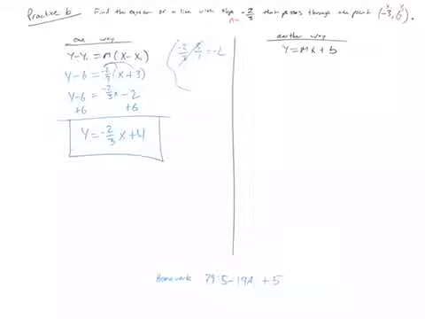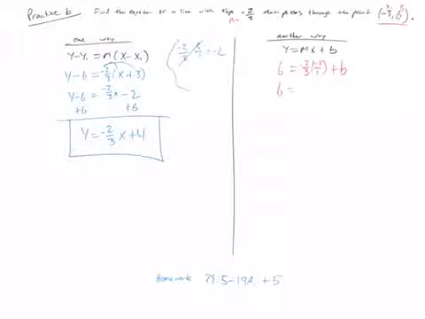So again, I'm going to plug in negative 2/3 for that m. For my x and my y, I'm going to use these points right up here. So it's going to be 6 is equal to negative 2/3 times negative 3, also negative 3/1, just to make that simpler, plus b.